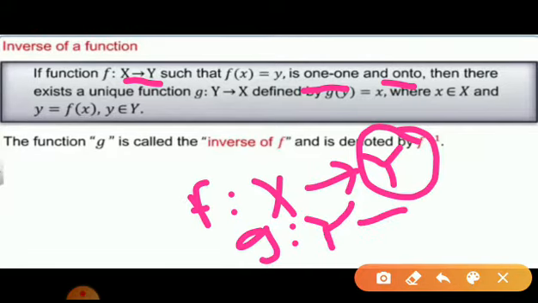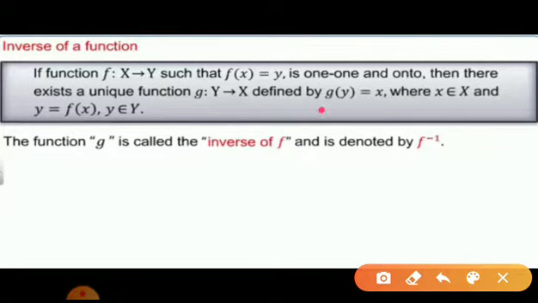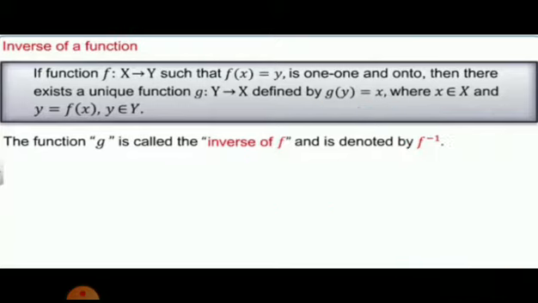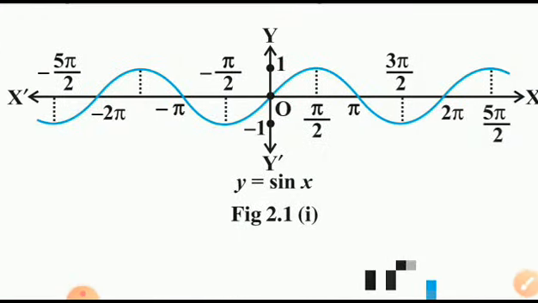So y to x, such that g of y is equal to x, where x belongs to capital X, and y is equal to f of x, where y belongs to Y. Okay, and your f inverse is denoted by f superscript minus 1. Your f inverse is nothing but your g function itself. Okay, this is what we have done in the previous chapter.